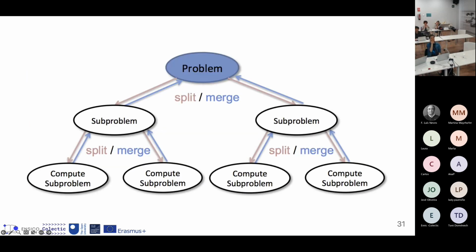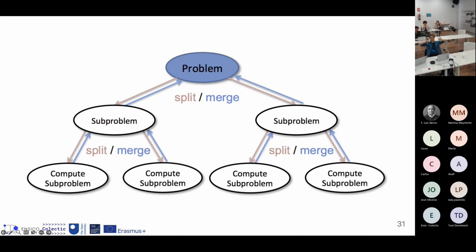This is a nice diagram where you see you have this big complex problem at the top, and then you are going to divide it into sub-problems. So here you only have 2 sub-problems. And these sub-problems are easy, so we can compute them directly.